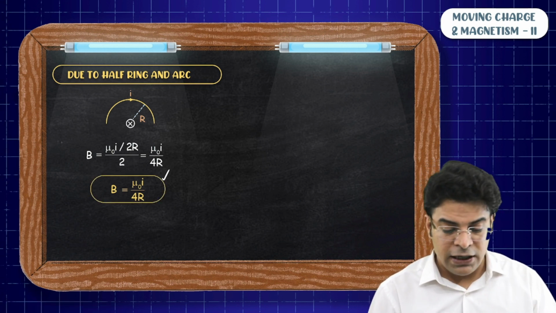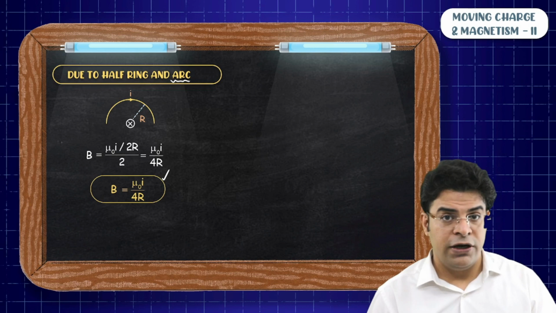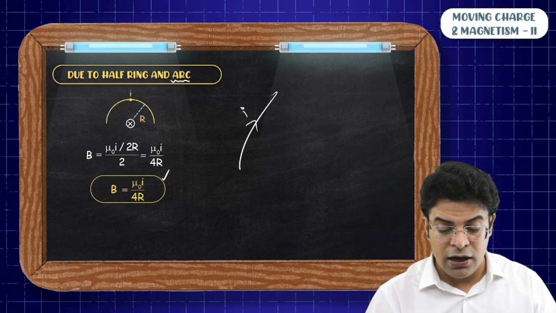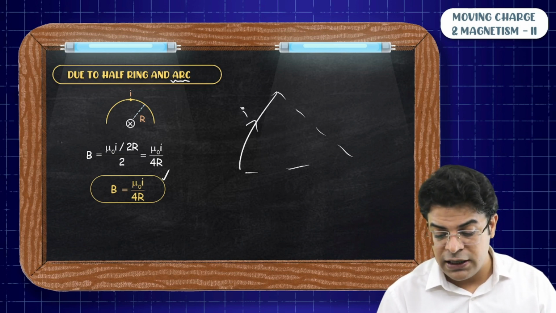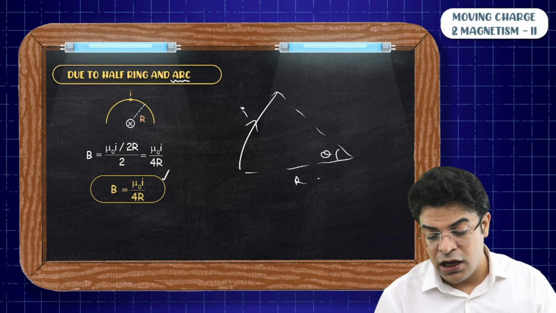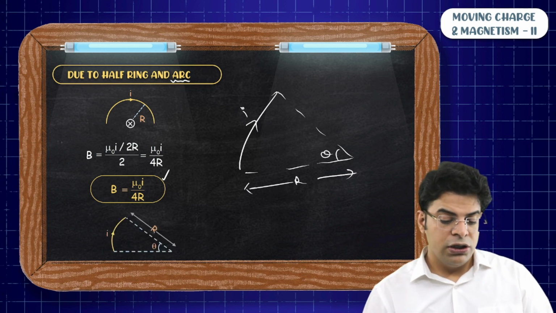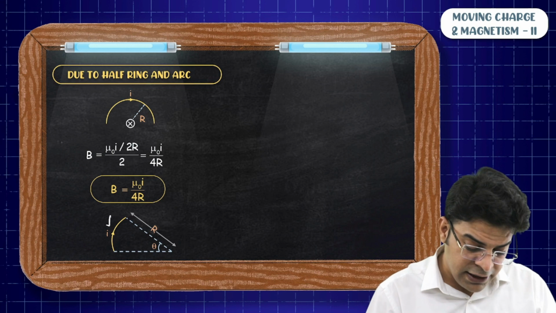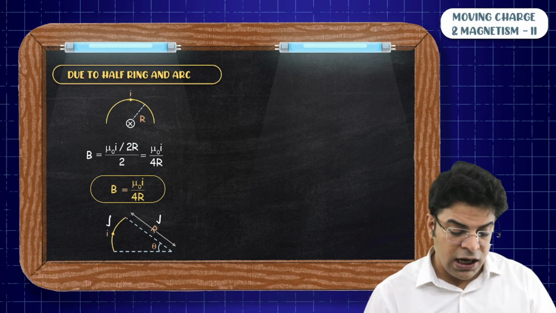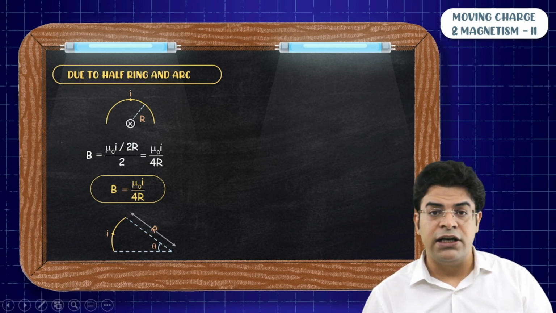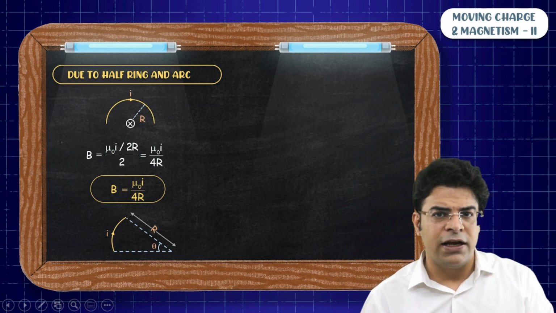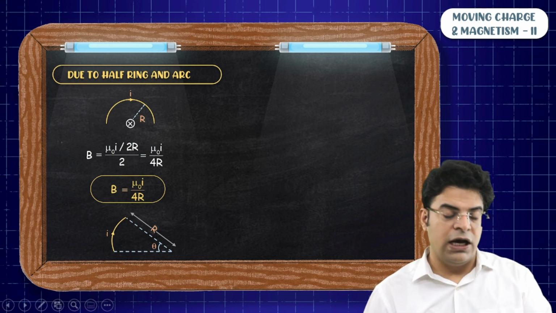Now the next part, what is the strength of magnetic field due to an arc carrying a current I if the arc subtends an angle theta at the center and the arc has a radius r? So visualize the arc carrying a current I having a radius r subtending an angle theta at the center. What will be the strength of magnetic field at the center due to this arc?